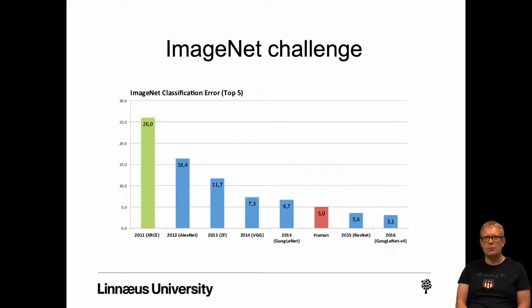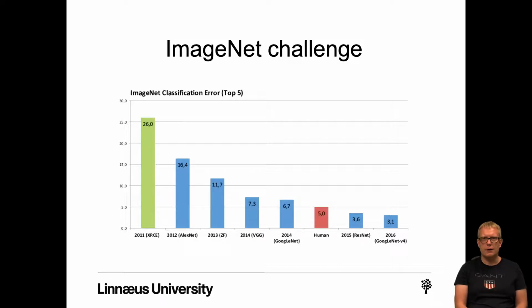We have made some large improvements on the ImageNet challenge the last couple of years. So the green first bar is from 2011. That's classical machine learning algorithms, and we have quite large error.